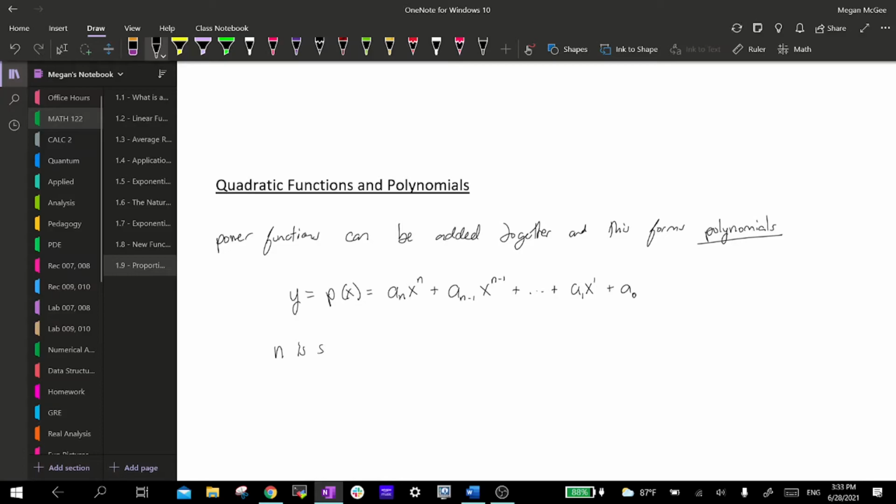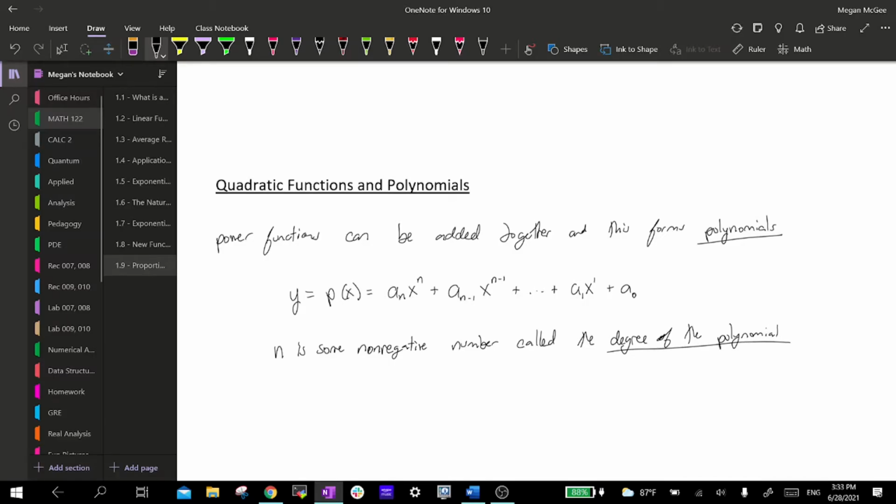n is some non-negative number. Alright, and n is called the degree of the polynomial. The degree of the polynomial.